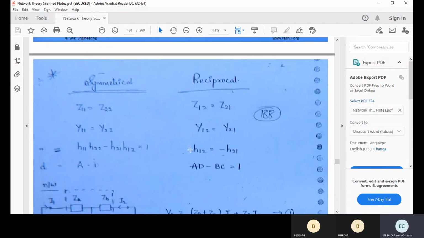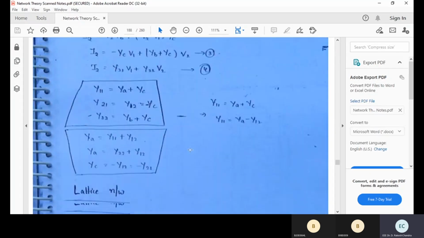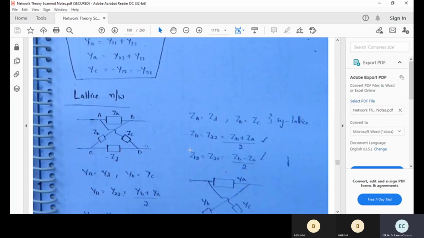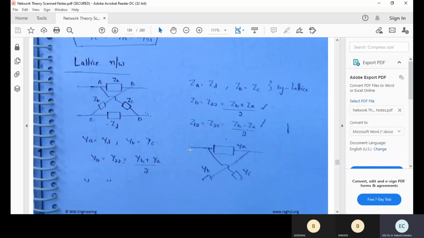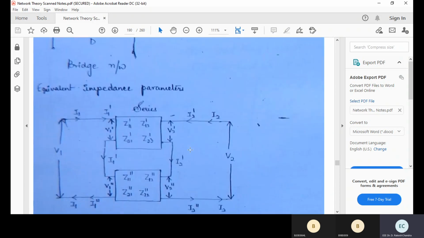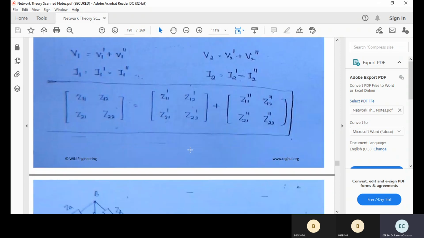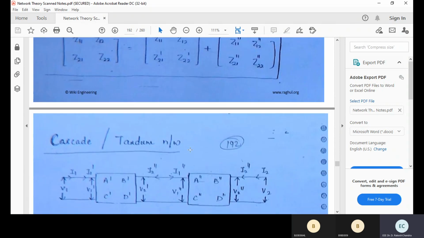So all such combinations we'll see here, and tomorrow we can solve a problem on a lattice network. This type of networks are called lattice networks. We have seen the T-type, Pi-type, bridge type. Equivalent impedance parameters, admittance parameters. Of course, from the competitive examination point of view, these derivations are not required, but the problems based on them are.